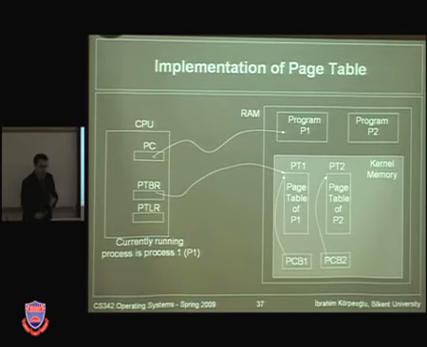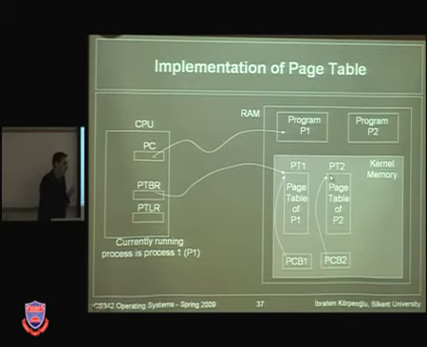If a context switch happens now, if we switch to another process P2 and start running that in the CPU, before doing that, as part of the context switch, we have to change the PC value to point to here. That PC value will be obtained from PCB2, and we also change that pointer to point to the page table of the second process.